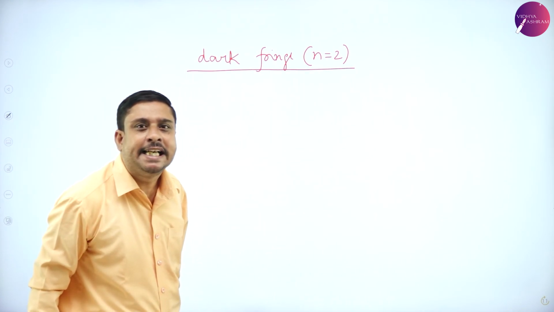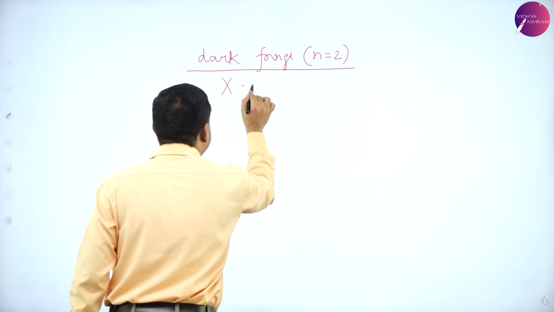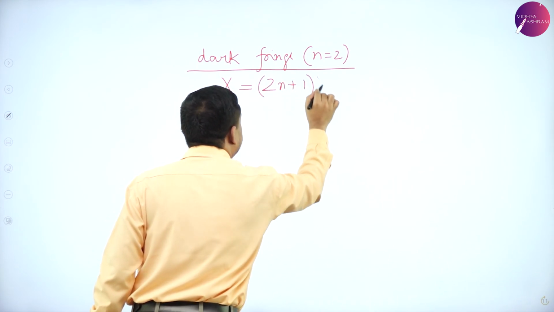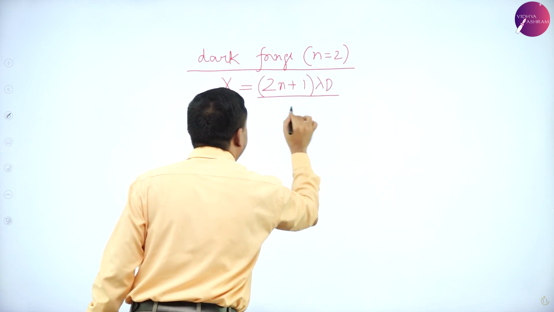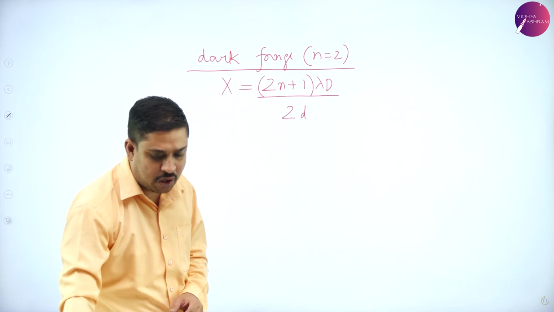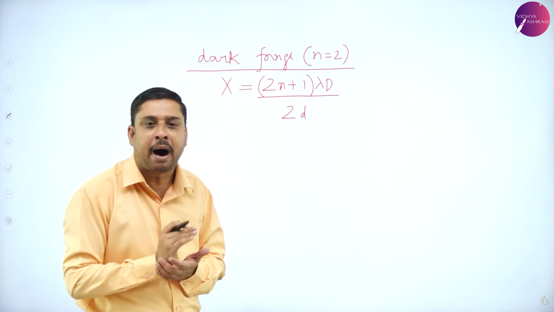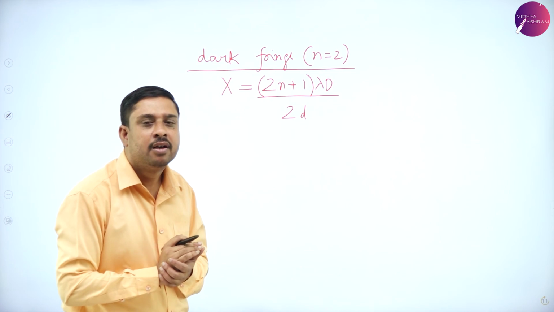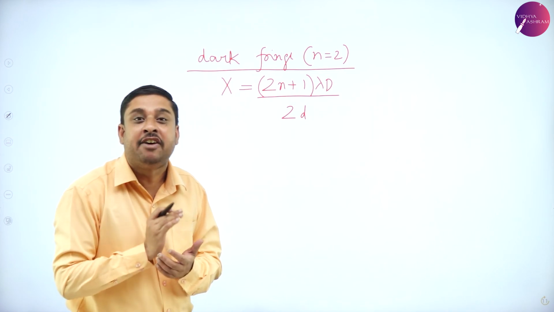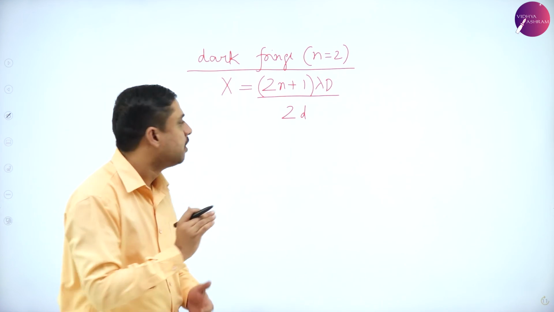Now, what is the condition for the formation of dark fringe? X is (2n plus 1) lambda D divided by 2d. It is not in the form of phase or path difference, so very clearly it is in terms of the fringe width, in terms of slit distance.